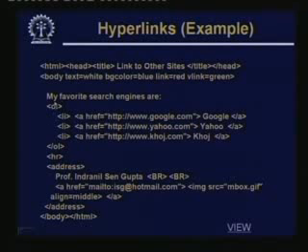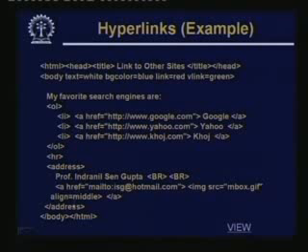Then there is an ordered list where there are 3 list items, and in each of these 3 list items I have given a hyperlink. First one is href equal to google.com, yahoo.com and khoj.com. But this Google, Yahoo, Khoj, all these are displayed.